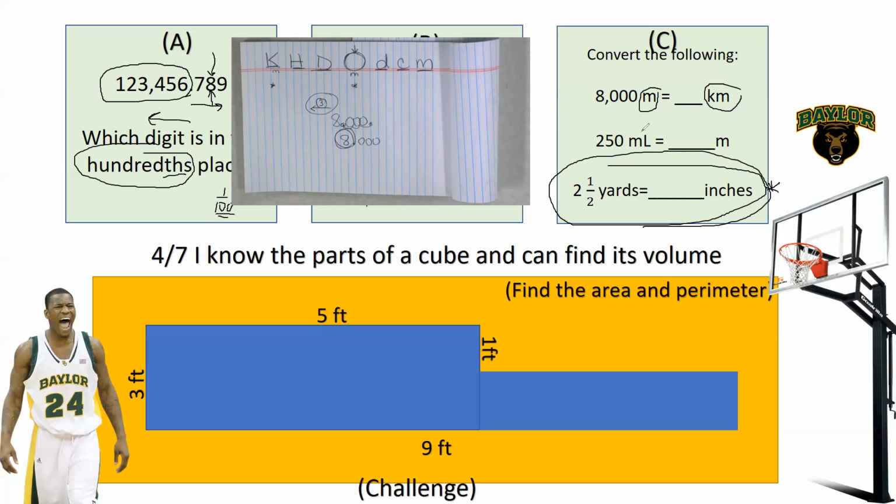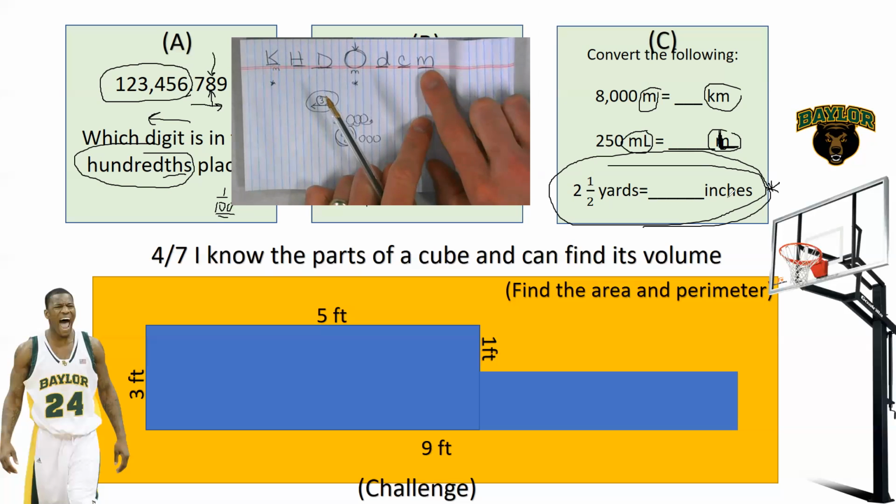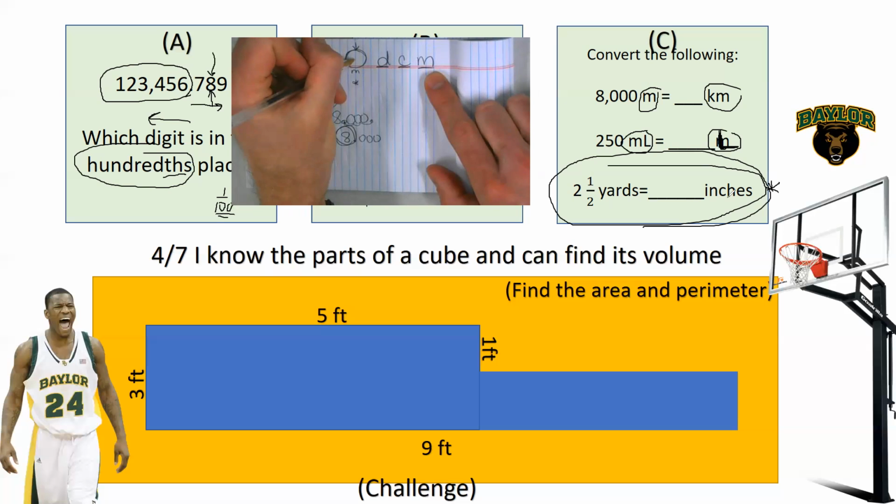Let's go here. 250 milliliters to, I made the same mistake I made yesterday. Liters. So we're going to take 250 milliliters and turn it into liters. You can't go from milliliters to meters. It doesn't make sense. So milliliters would be right here because liters means that we're measuring liquid, right?